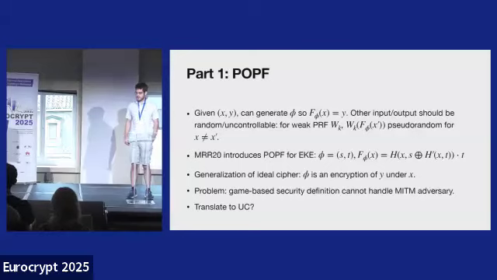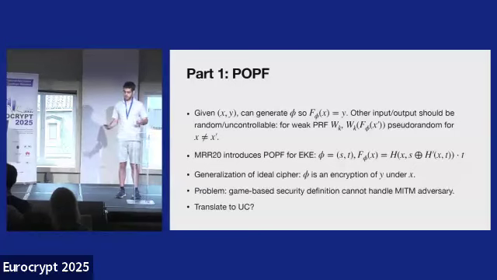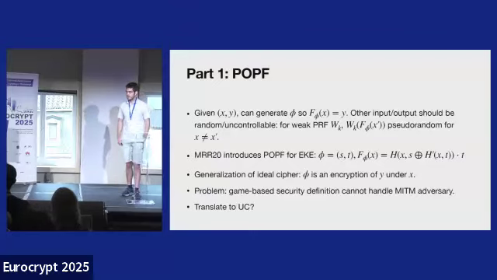Basically, a UC adversary is more flexible than in these game-based models, and so you end up having to use multiple of the game-based notions simultaneously. There's a notion of simulation and extraction, and you have to use both basically. And so the proof doesn't actually work is the main point. And so the first thing we have to fix here is, can we get a notion of POPF that actually works in UC?